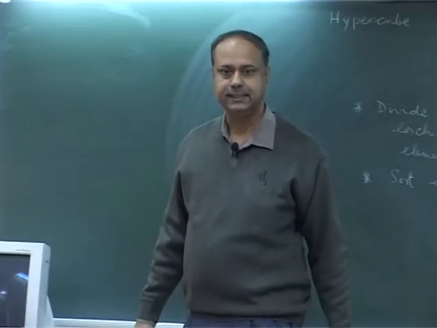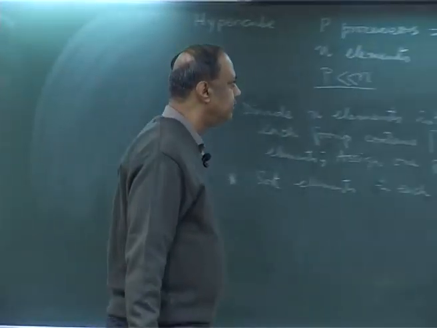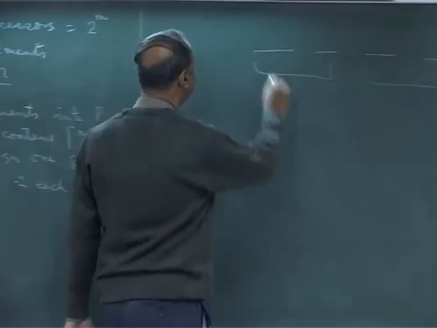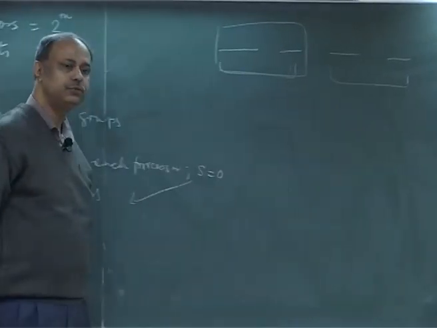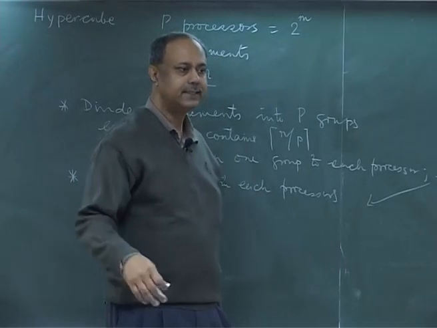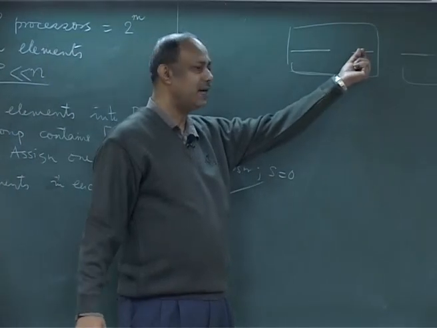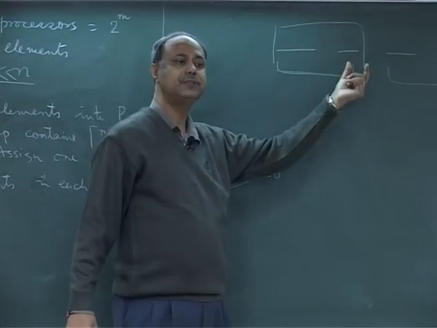Now, what is next? Next is that you have to merge these two sequences using two processors. In the earlier case, you brought this one element here, compared it, and the rejected element you sent back.